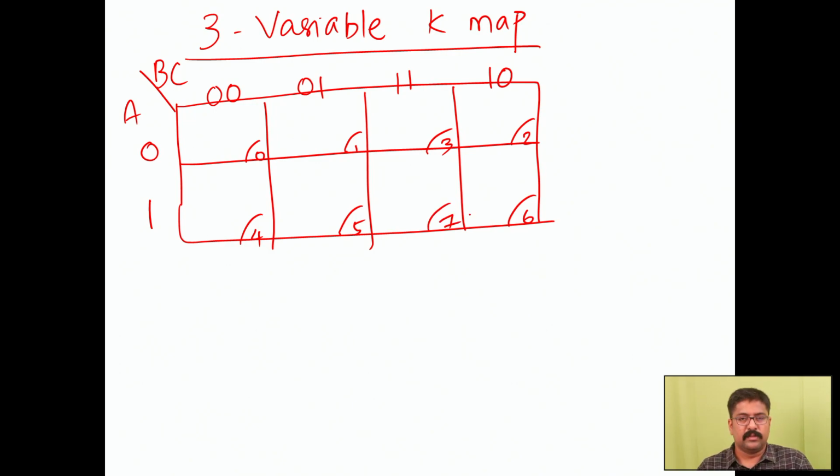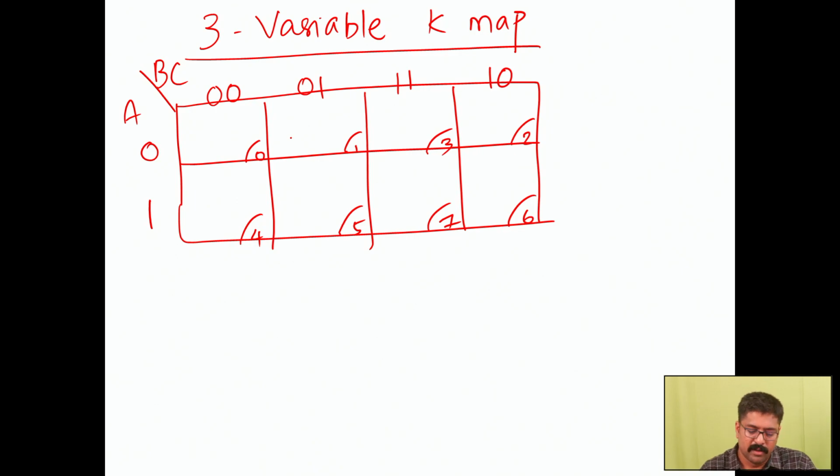The first doubt that occurs in your mind is why 1 1 is written here. Actually 0 0, 0 1, 1 0 should come, and after that 1 1 should come. So the concept is that the bit transition between one cell and the other cell should be only one bit.